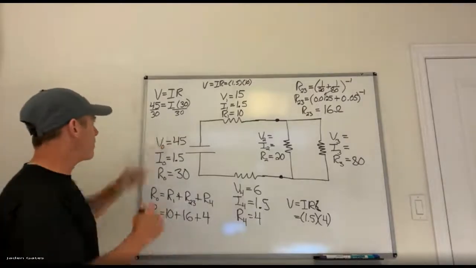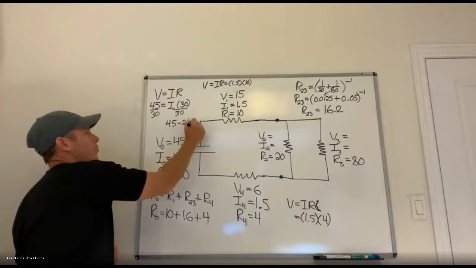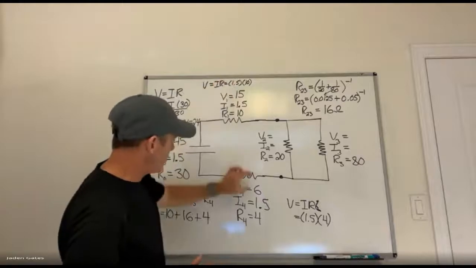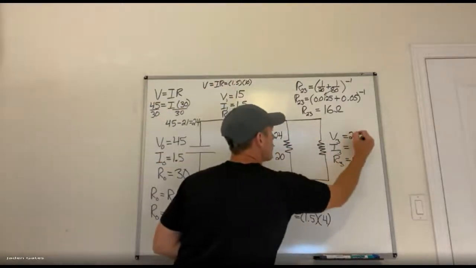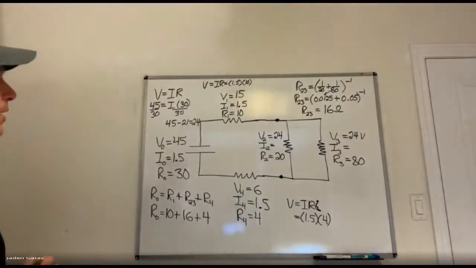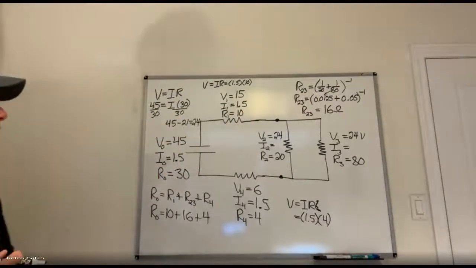And if I take 45 and I subtract the 21 volts it's used up, I get 24 volts are left. So again, because it uses 15 here and 6 here, 24 volts must be used here, and 24 volts must be used on also resistor 3. So no matter what path our charge takes, 45 volts are used up.